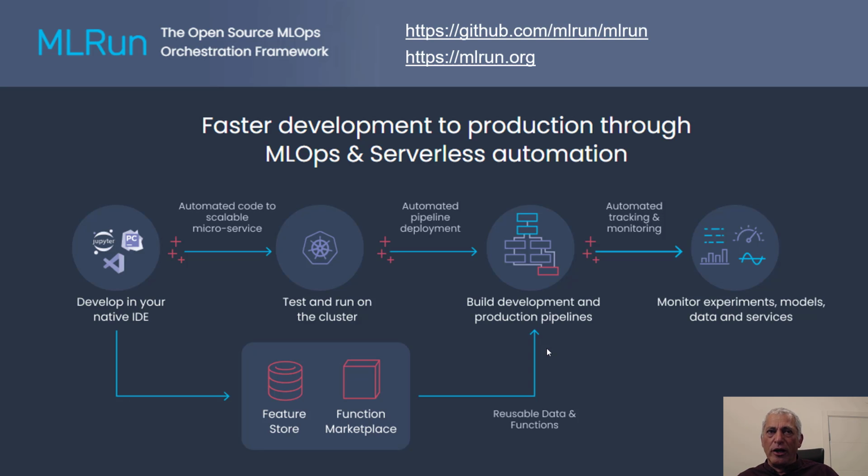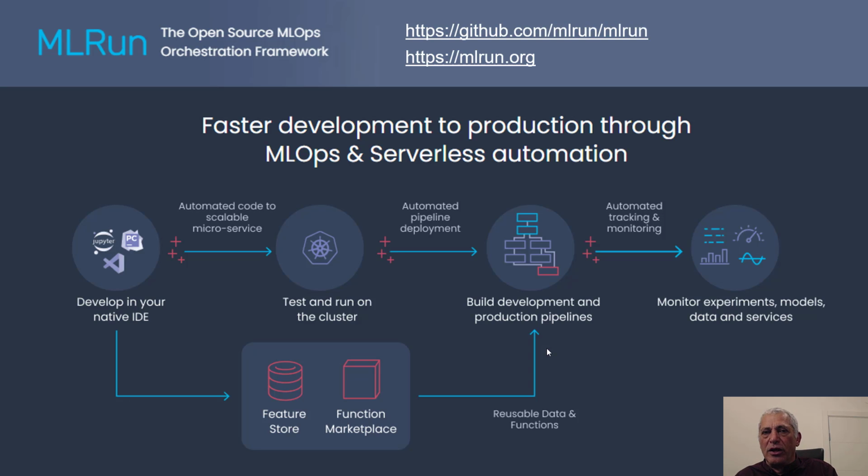Now, after you develop something, whether it's a training of a model or evaluation of your model or a serving function or a data manipulation preparation function, you may want to build a pipeline. A pipeline is like a multi-stage pipeline where, for example, you take in data, you run training, you run testing, you produce a model, and so on. And in some cases, those pipelines could even be more complicated.